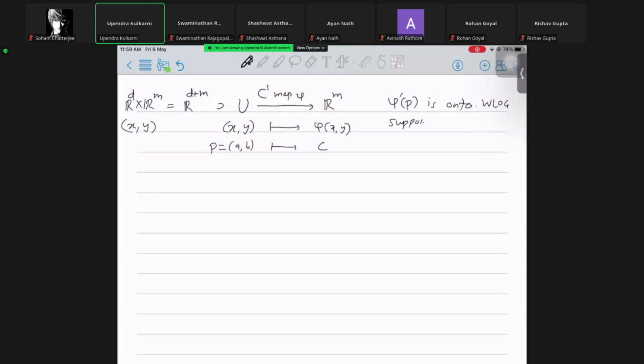So without loss of generality, suppose the last M columns of the matrix of phi prime of P form a basis of R^M.